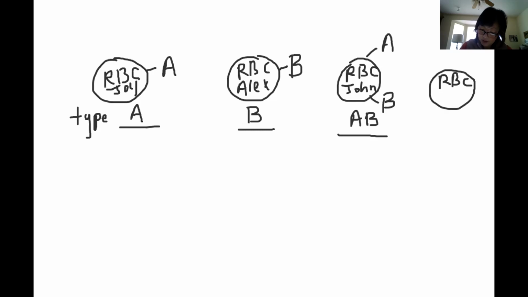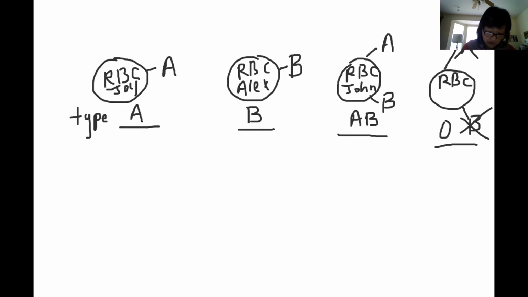On this person, no A, no B. So this person's blood is type O. So antigen determines the blood type. That's the first important sentence you need to remember: the type of antigen determines the blood type.